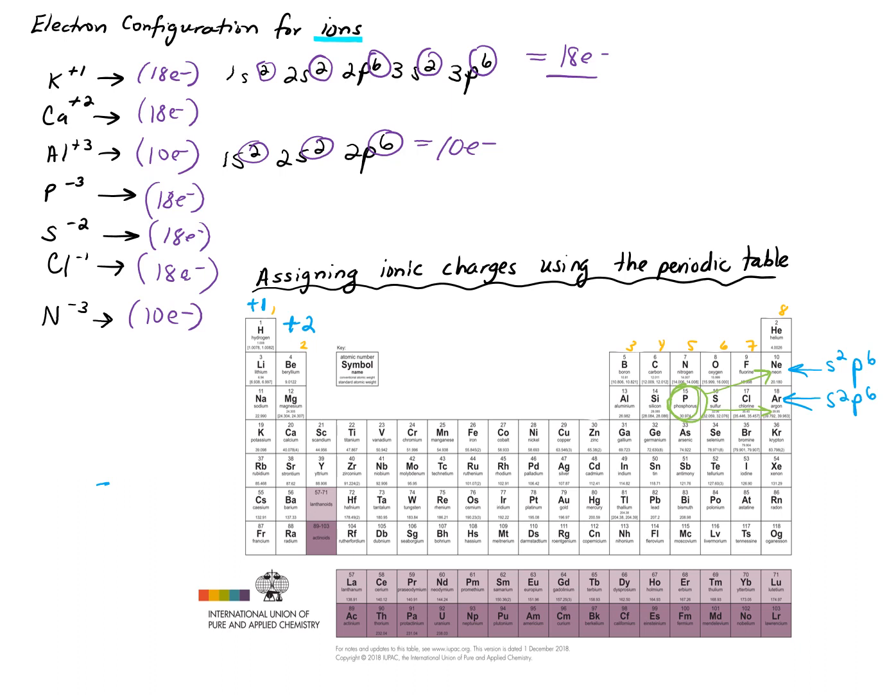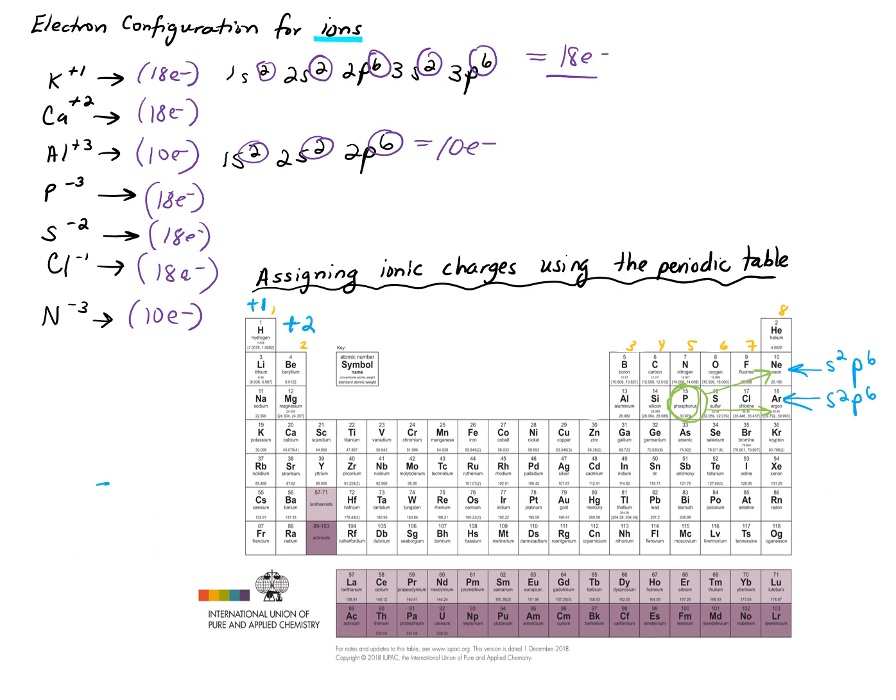Now we move to the right side of the periodic table. You have aluminum right there, which is in group 3, and the ion of aluminum will have a charge of plus 3. Plus 3 because in group 3 you have 3 valence electrons.